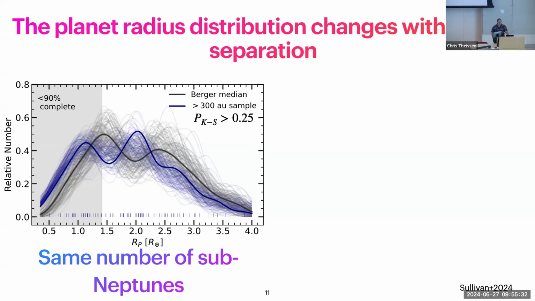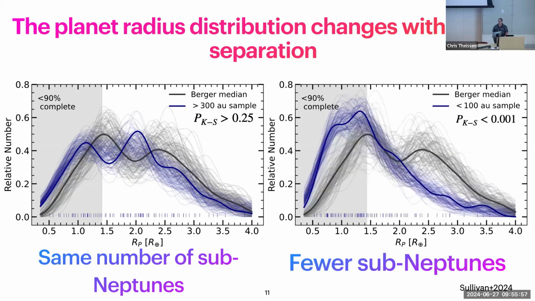And statistically speaking, although you might be able to see some tantalizing differences if you chi-by-eye between the two distributions, they're statistically indistinguishable. And the key thing to note here is that we see the same number of subneptunes, and we may see a radius gap in this distribution. So this is extremely similar to what we see in the single stars. In contrast, when you look at the close binary star distribution, we see some significant differences between the two populations.